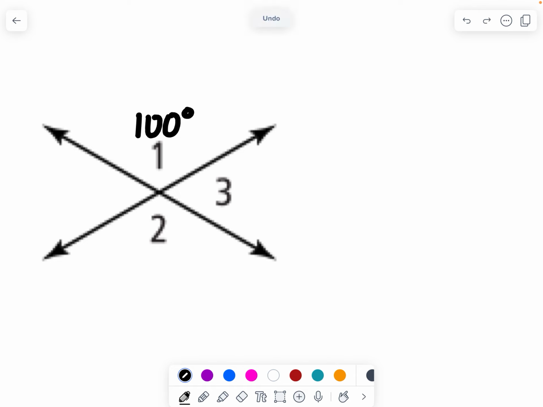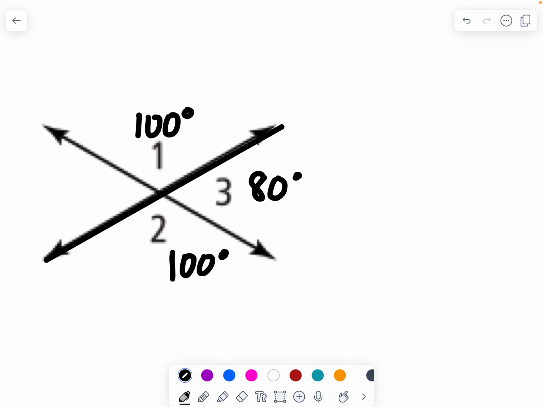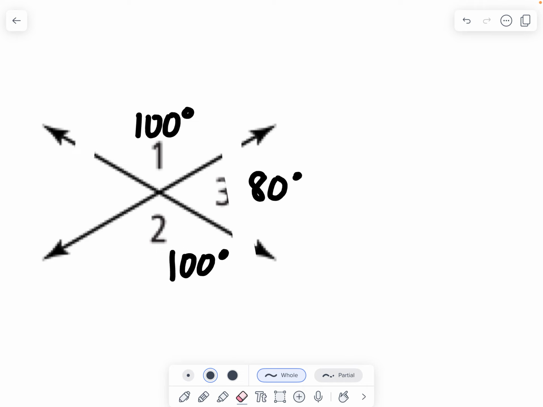Well, that would have to be 80, right? Because those together would have to be 180 because they're on a straight line, right? Yep. And then this is a straight line, which means that this must be 100 because those two make up a straight line, right? Oh, which means these must be equal.